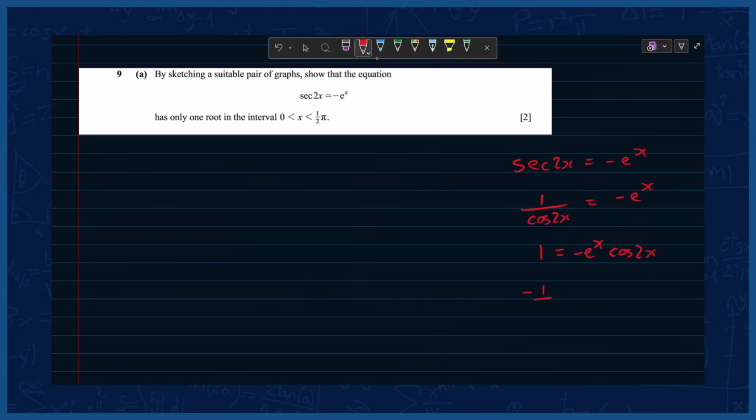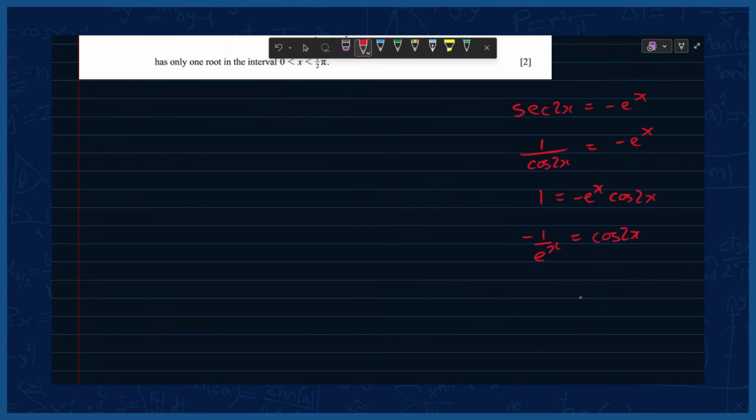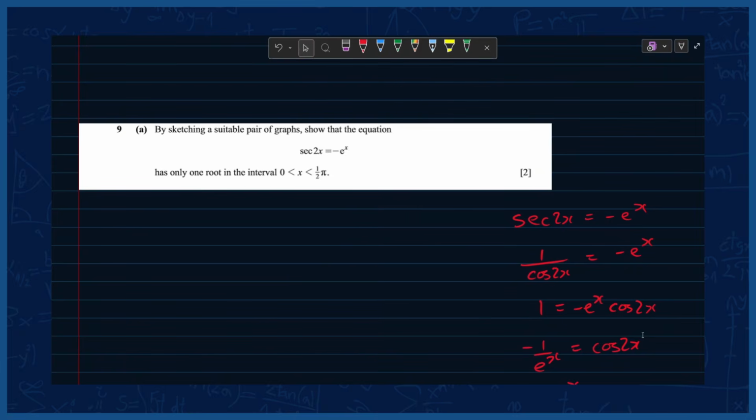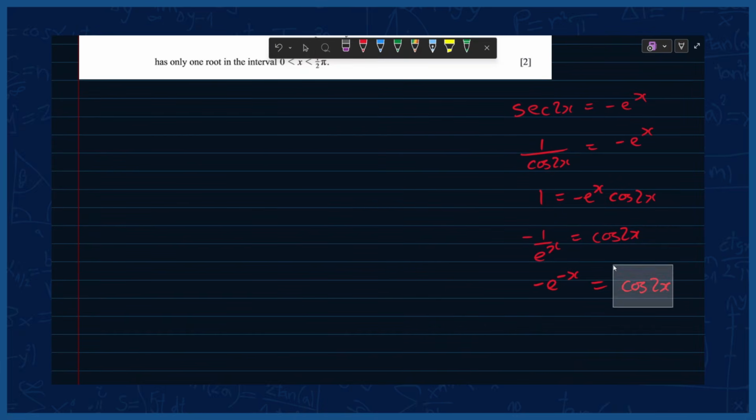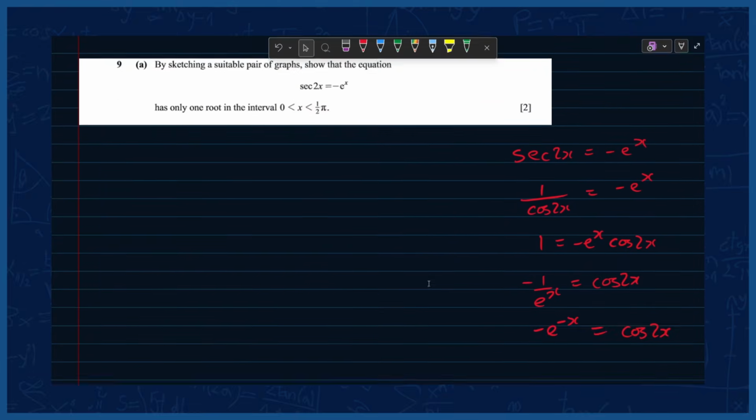So I've got negative 1 over e to the x is equal to cos 2x, and here I know I can rewrite that as negative e to the negative x using laws of indices, and that's just cos 2x. So that instead of drawing the graph of sec 2x, I'm just going to draw the graph of cos 2x, which is pretty cool.